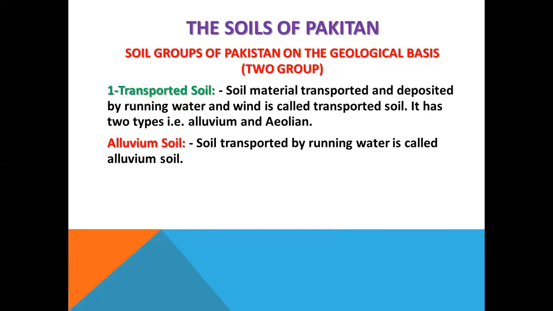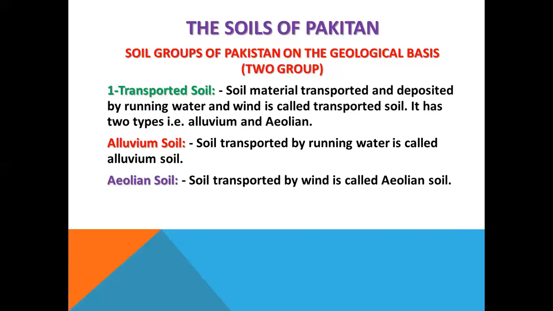It means when soil is transported by running water, then it is called alluvium soil. The other type of transported soil is loess soil. It is that soil which is transported by wind.